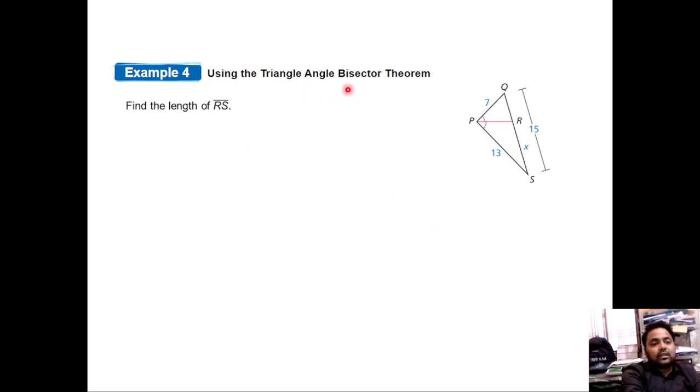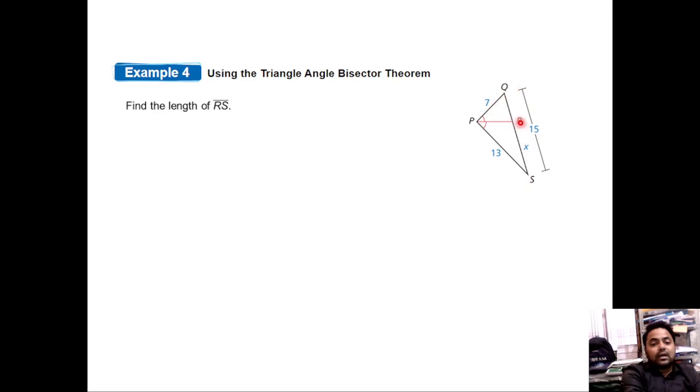Using the triangle angle bisector theorem, find the length of RS. So for RS, here PR is the angle bisector of QPS.